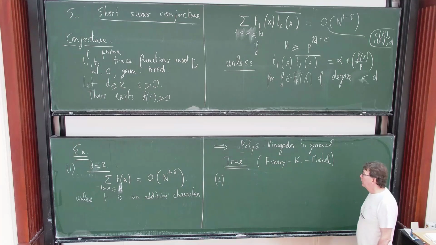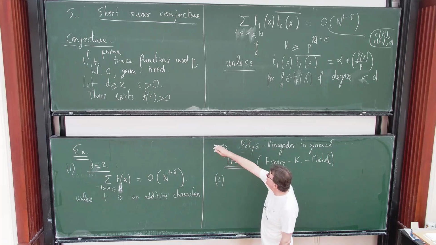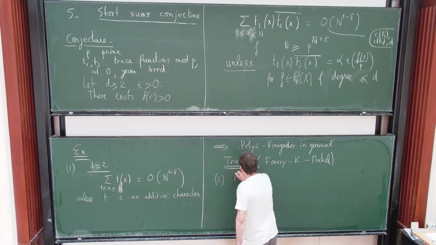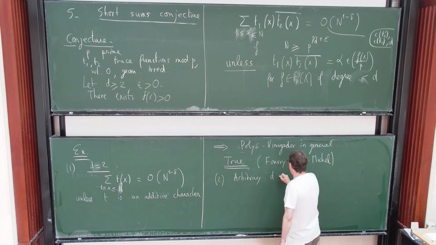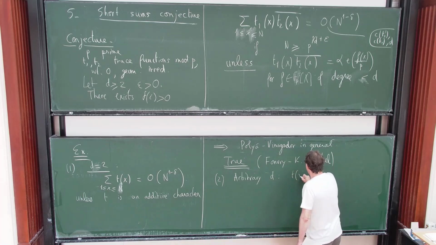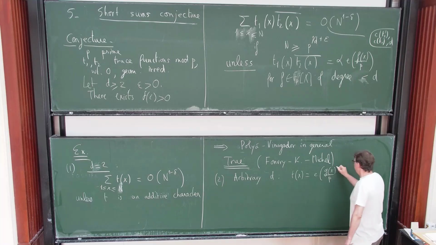Then, what are some examples we know? As far as I know, cases where we can do everything, meaning an arbitrary d, do exist, but they are very rare. So you can do trace functions which are themselves additive characters of polynomials.